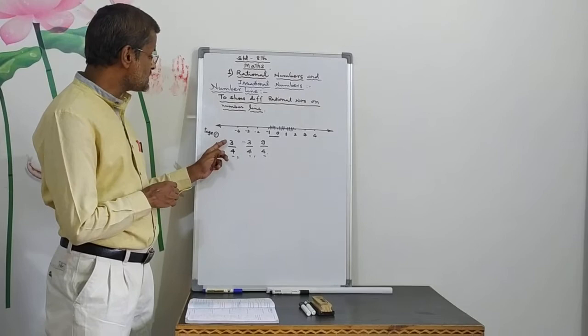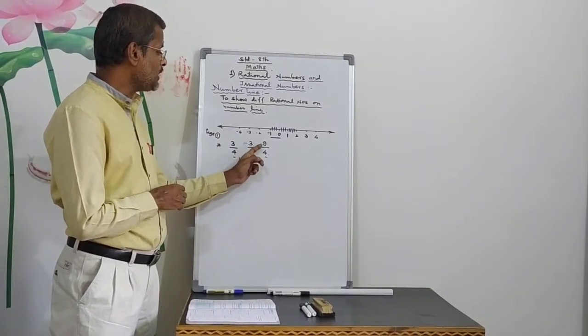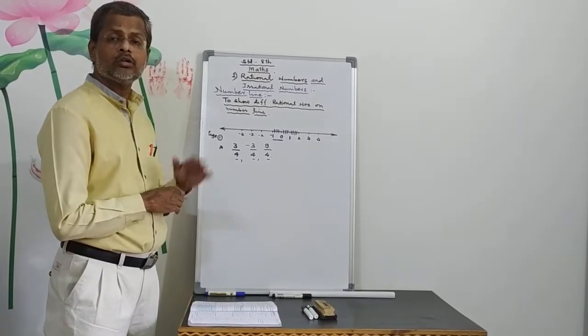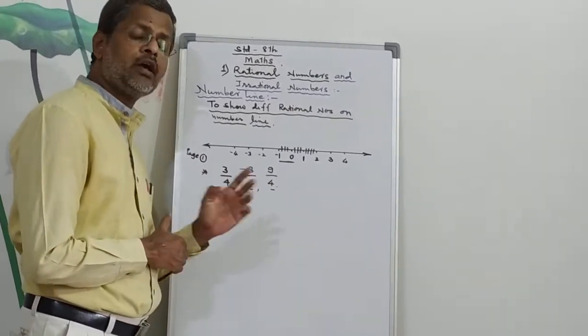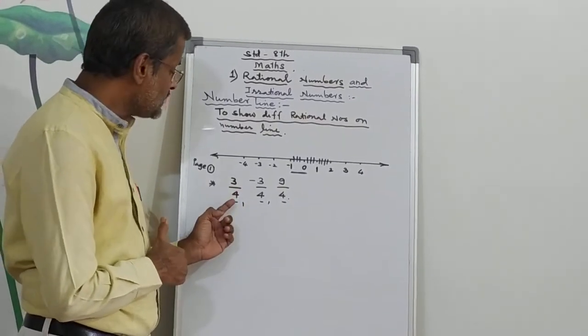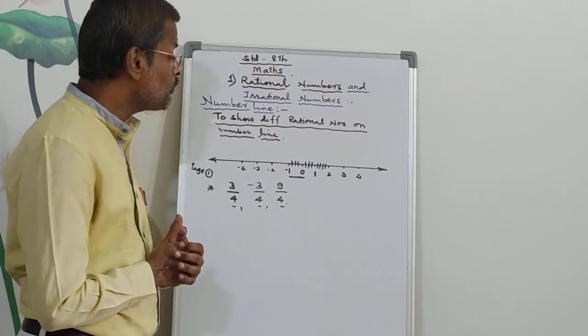We have to represent 3 upon 4, minus 3 upon 4 and 9 upon 4 on the number line. Look at these three rational numbers. As the denominator of these three rational numbers is 4, what have we done?